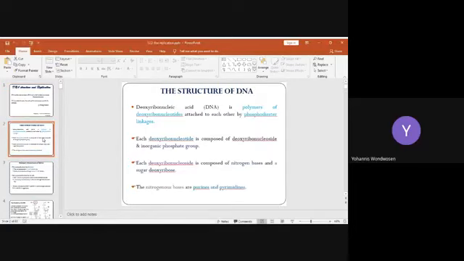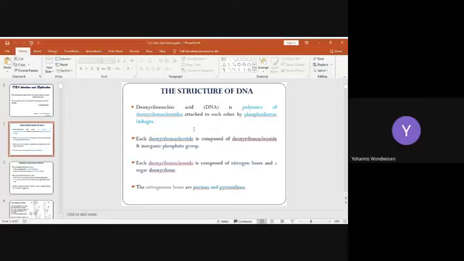When we start from the structure of DNA, deoxyribonucleic acid is a polymer of deoxyribonucleotides, and they are attached to each other by phosphodiester linkages. Each deoxyribonucleotide is composed of a deoxyribose sugar and an inorganic phosphate group, and this phosphate group acts as a backbone for the growing chain of the DNA strand.